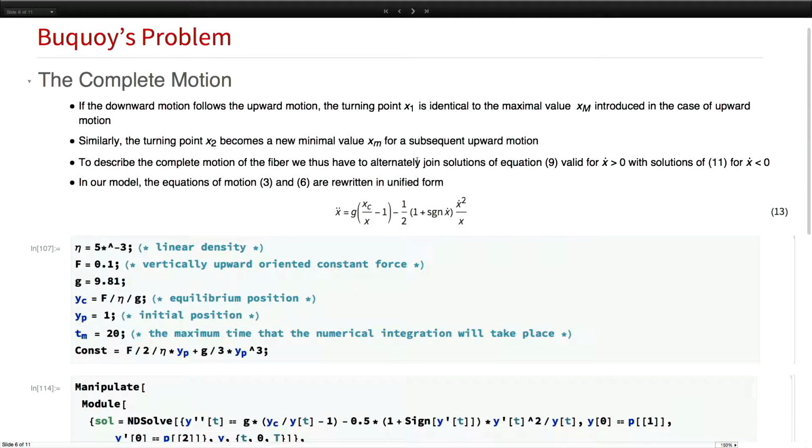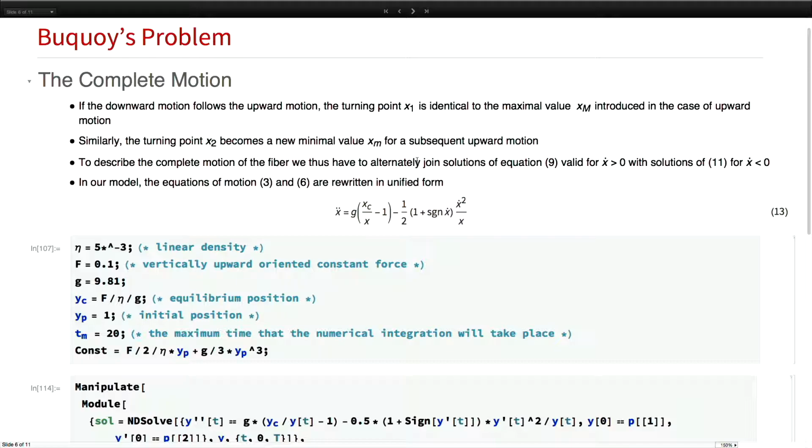So let's move on. During the upward and downward motion, we can simulate the complete motion. If the downward motion follows the upward motion, the turning point x1 is identical to the maximal value X_M.